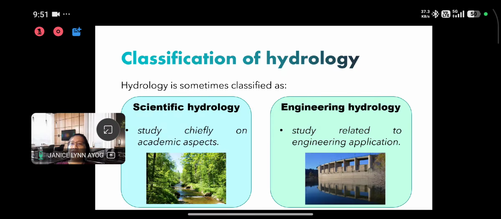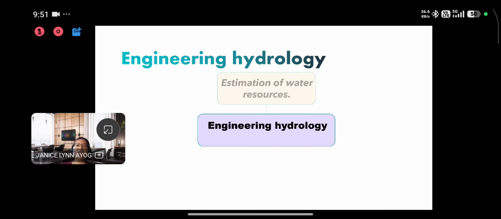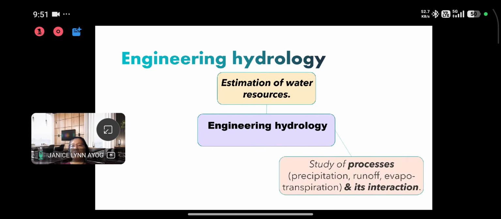But the one that we're going to cover is engineering hydrology, which we're going to study related to engineering application. So engineering hydrology basically involves estimation of water resources. Okay, so water resources, it could be rainfall, it could be groundwater, and so forth.